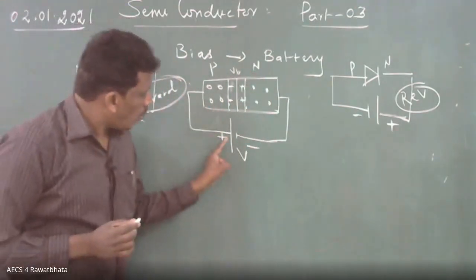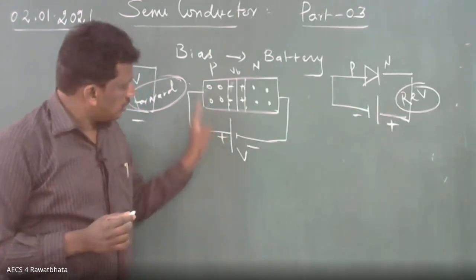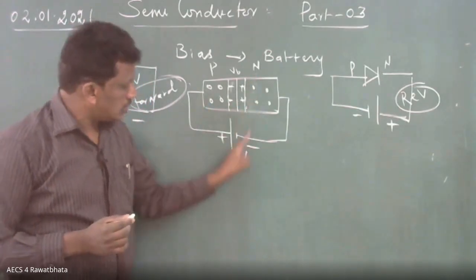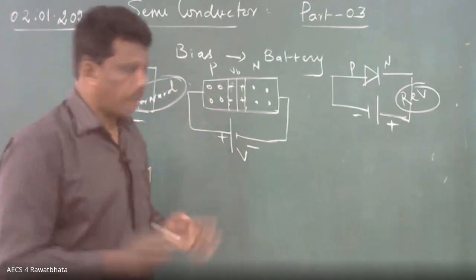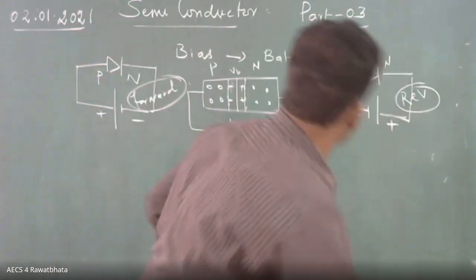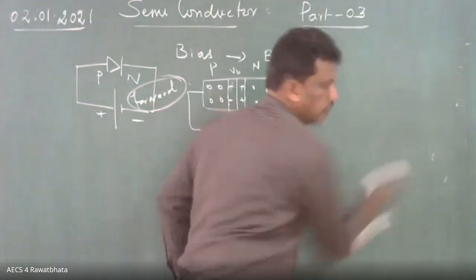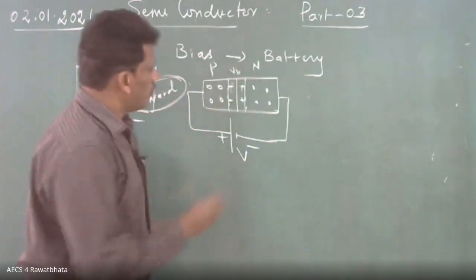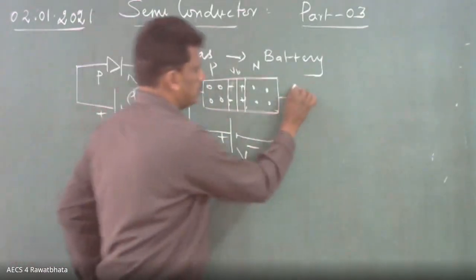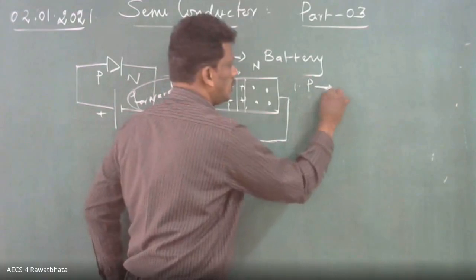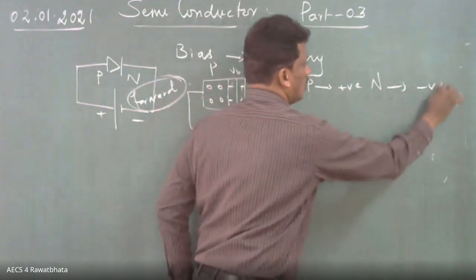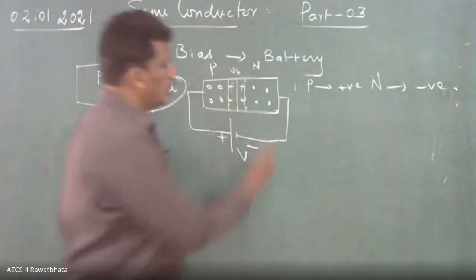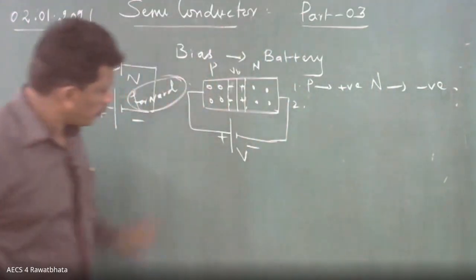Now, here P region with the positive, N region with the negative. First point, forward bias. One by one, you write. Reverse, we'll see later. First point, how to connect the battery: P region with the positive, N region with the negative. Second point, what is happening?